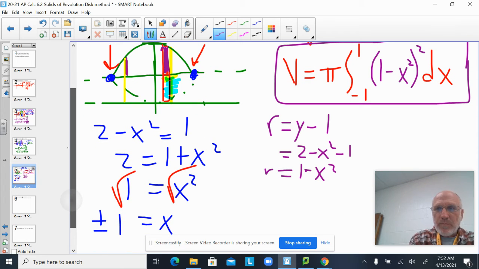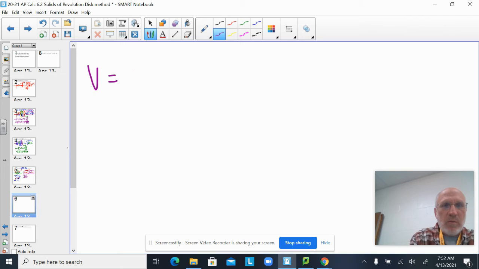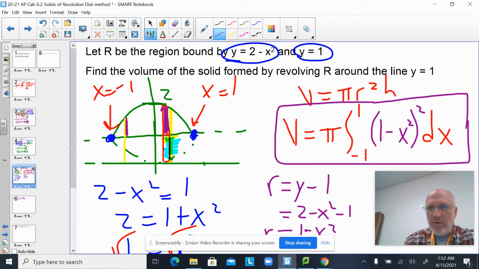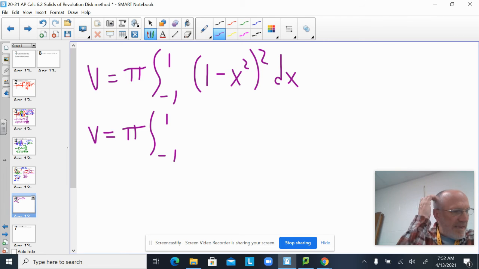So I'm going to rewrite this again. This is volume equals pi times the integral from -1 to 1 of (1 minus x squared) squared dx. Make sure I typed it in correctly. Okay, so now you need to remember that before I take the antiderivative, I'm going to multiply that by itself.